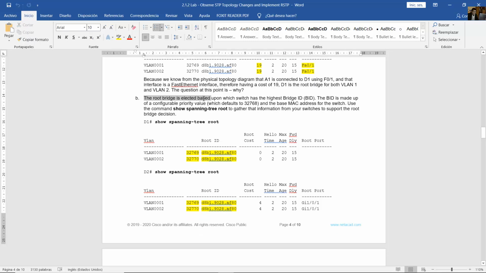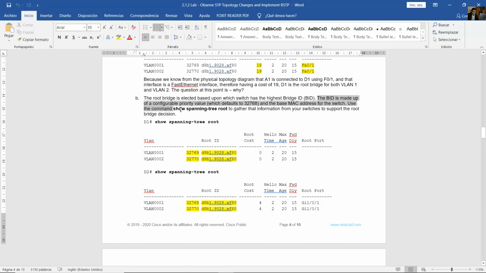The root bridge is selected based upon which switch has the lowest bridge ID. The BID is made up of a configurable priority value which defaults to 32,768, and the base MAC address for the switch.